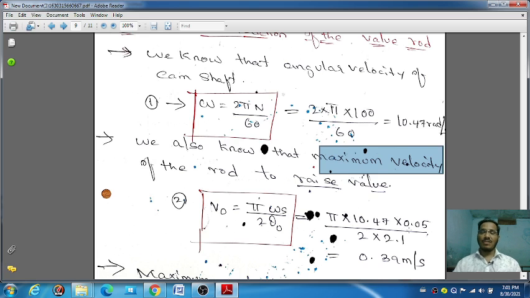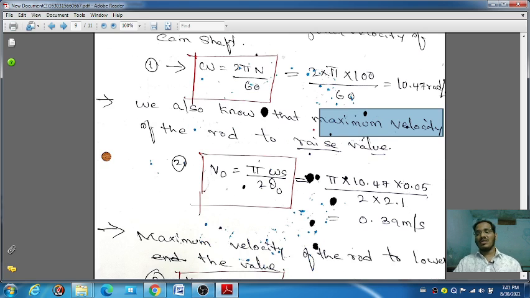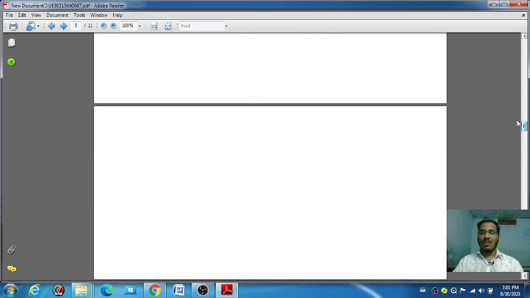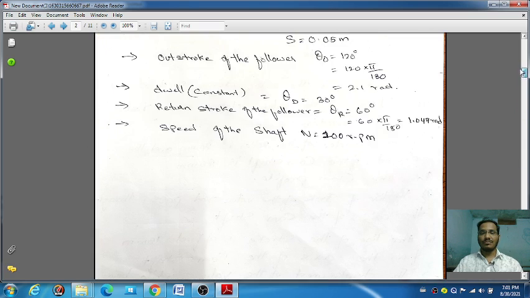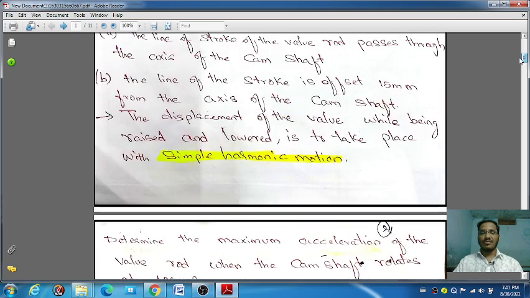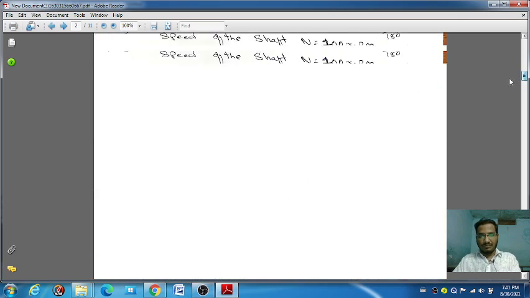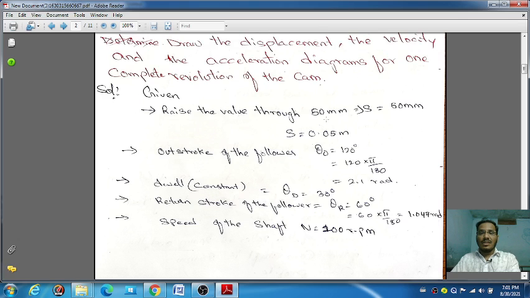That's why I am converting the S value to 0.05. The question gives the stroke as 50 mm, and we converted it to meters: 0.05, dividing by 1000.